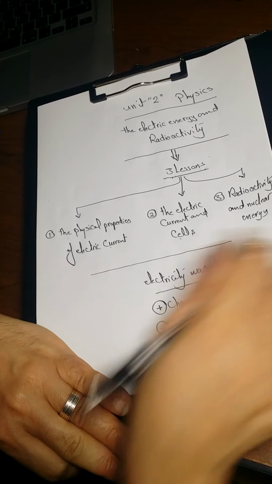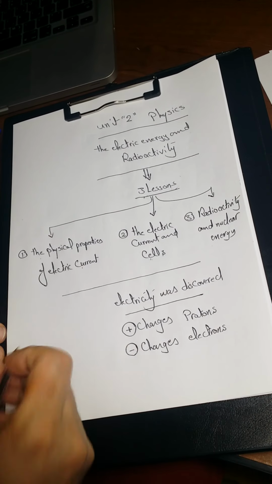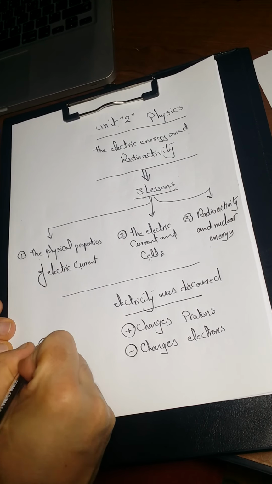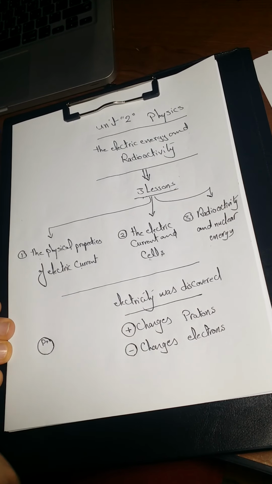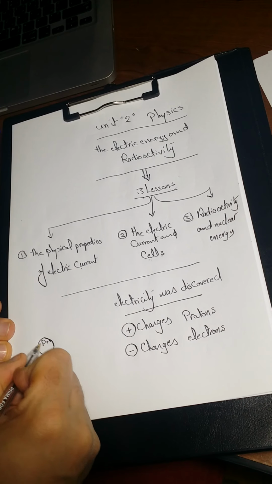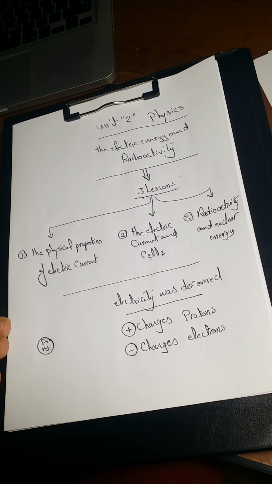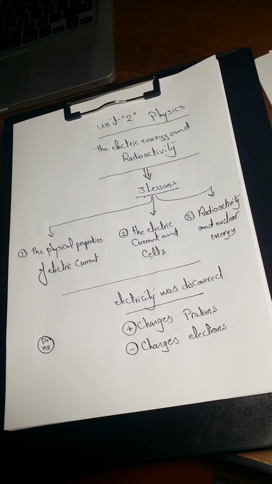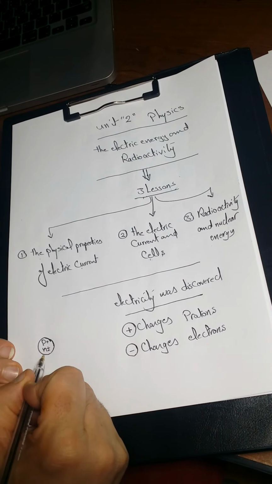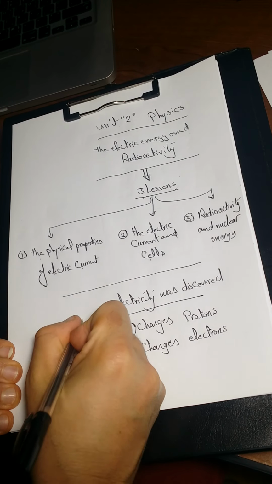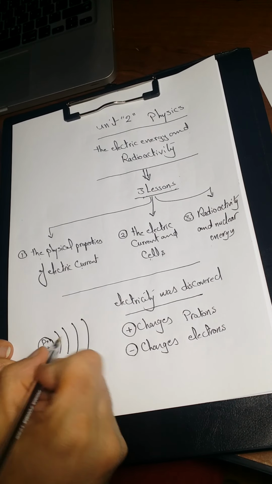We all know, guys, that the atom consists of a nucleus. Inside the nucleus, there are positively charged particles called the protons, and the electrically neutral particles called neutrons. The electrons rotate around the nucleus in energy levels.